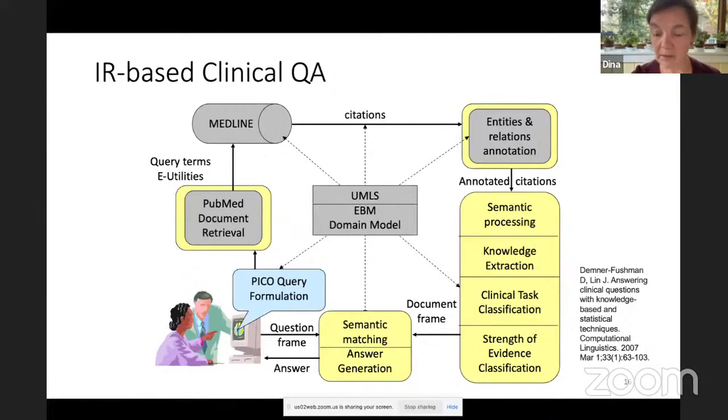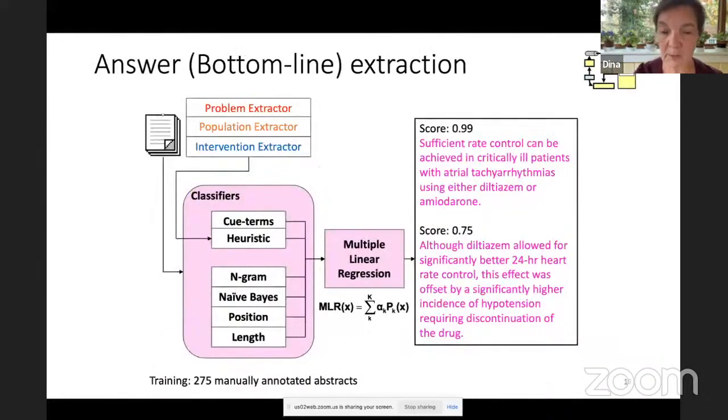And then we can align these frames with the question frame. So the most complex part in all of that article processing is this answer bottom line extraction.